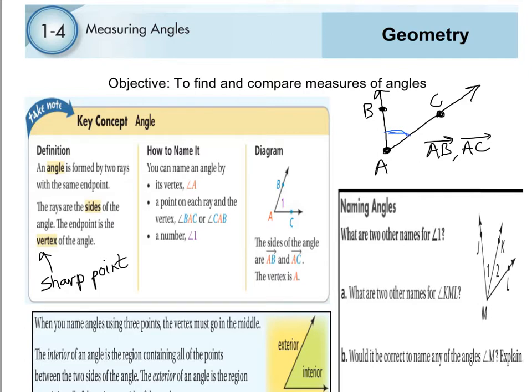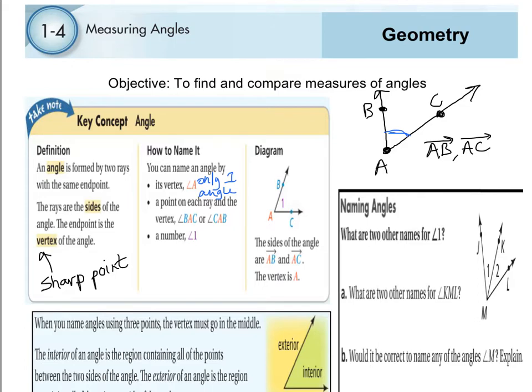You can name an angle three different ways. You can name an angle by its vertex, one letter, as long as it's only one angle. Again, you might want to add that note in there. This is only for one angle. If it's two angles, you cannot name it with one letter.